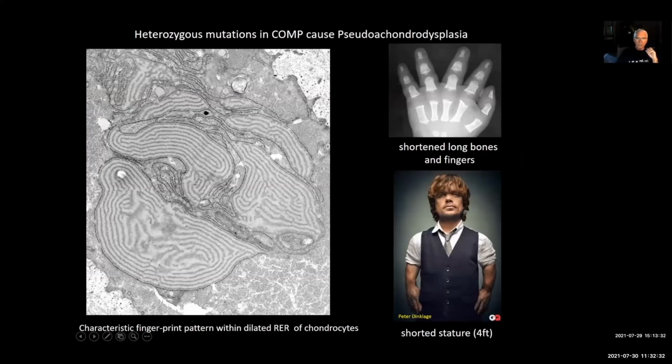But we can't diffuse an antibody into this cell without using Triton or saponin or some other membrane permeabilization procedure, which would destroy the ultrastructure of the cell. So this is a good situation where we would use section surface immunocytochemistry. Now, I'll mention that Peter Dinklage's cartilage looks like this, and it's the reason that his long bones are short.